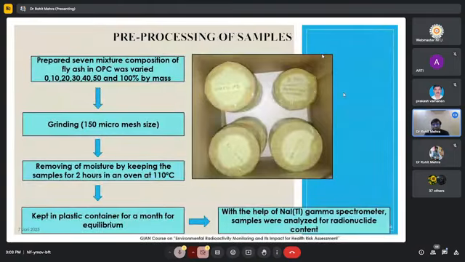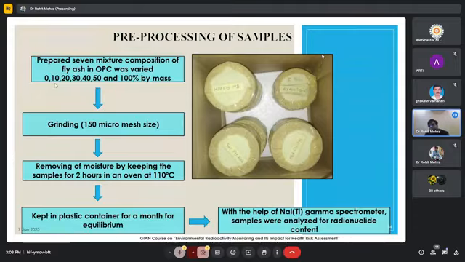And we packed those samples like this with different concentrations of fly ash. We started with pure OPC, that is 0% fly ash.